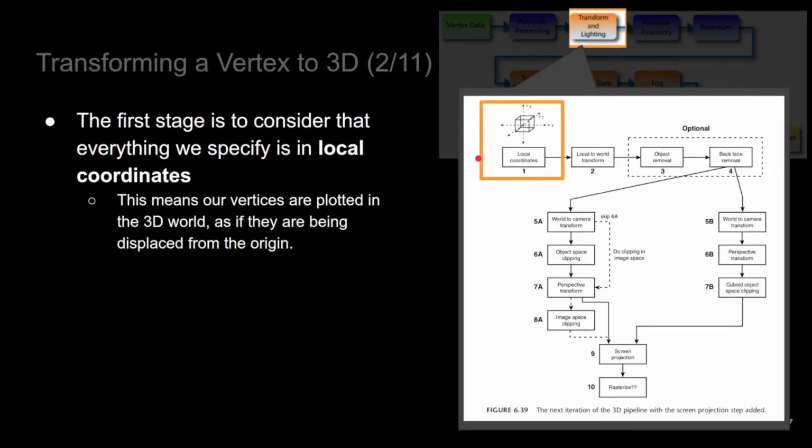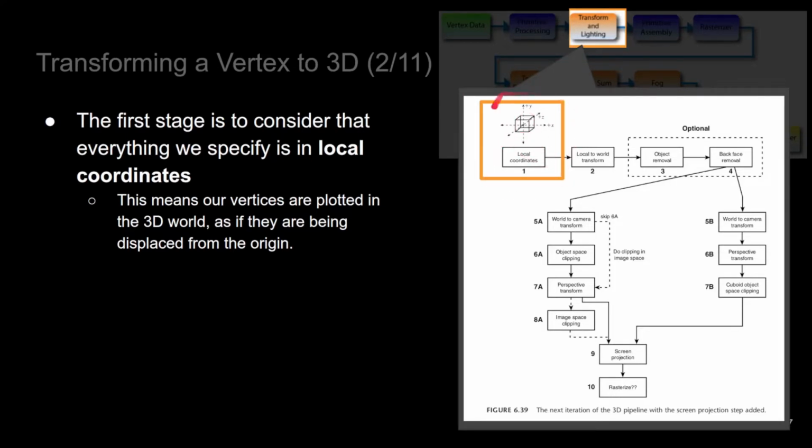Just walking through the first thing that we've been doing when we've created a triangle, right? You can go back to your Bresenham's lab where we were filling in triangles. We were just specifying 3 points. And how we say that is those are the local coordinates.